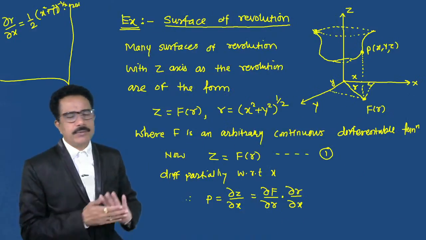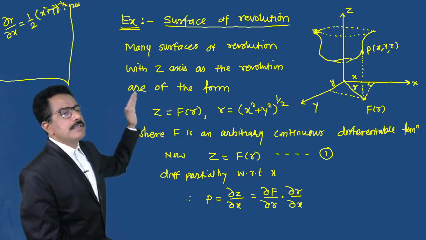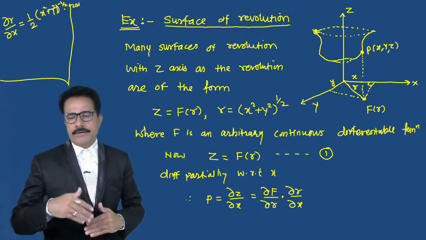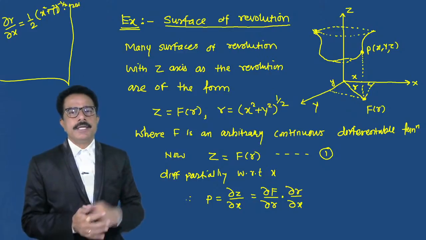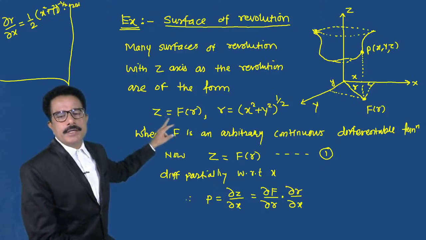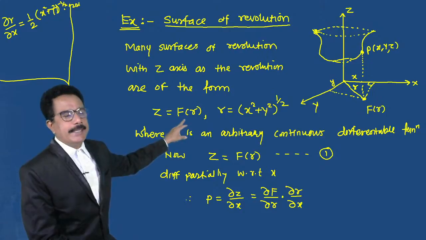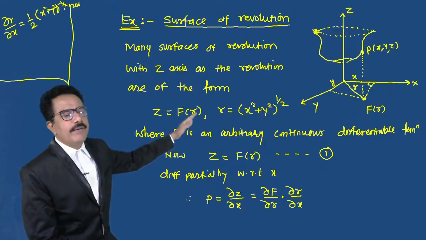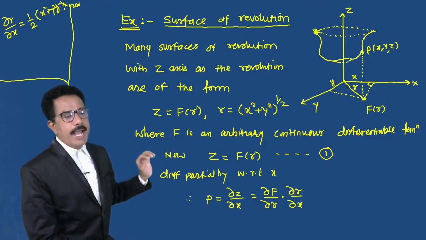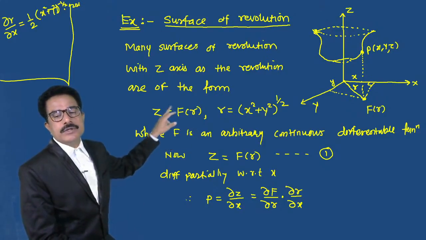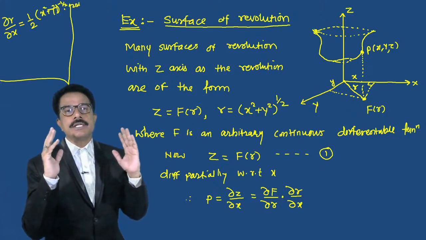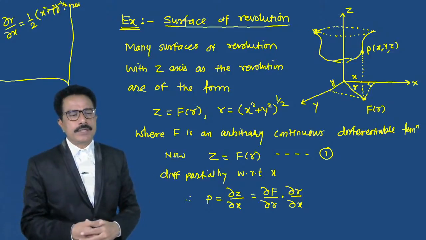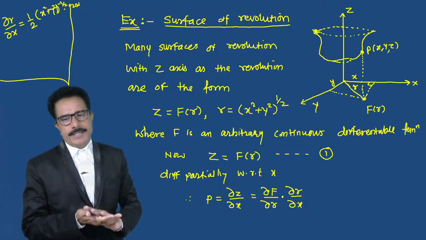Now in the last lecture we have seen the surface of a revolution. If the function is of the type z equals f of r, and r can be expressed as a function of x and y, then z equals f of r gives the surface generated due to the revolution of a curve about the z-axis.